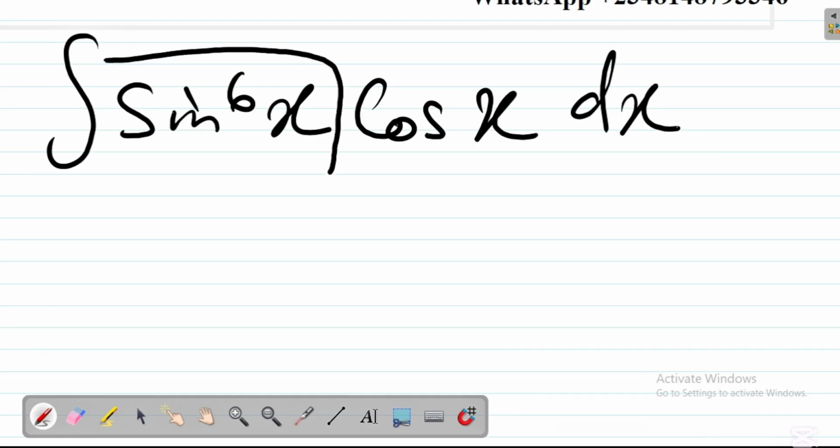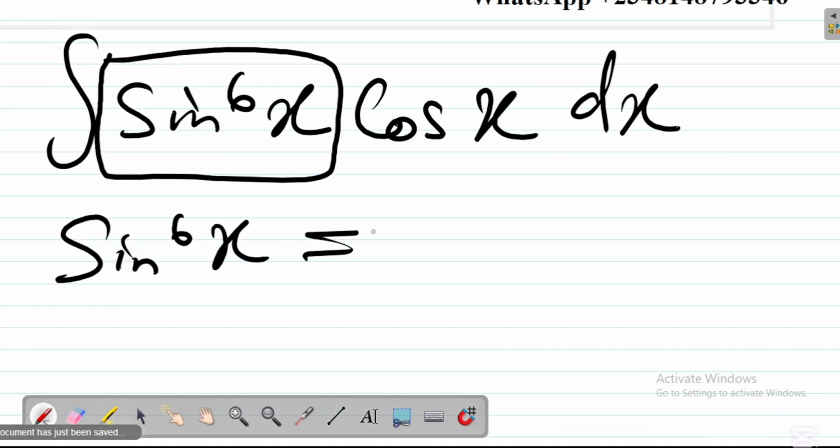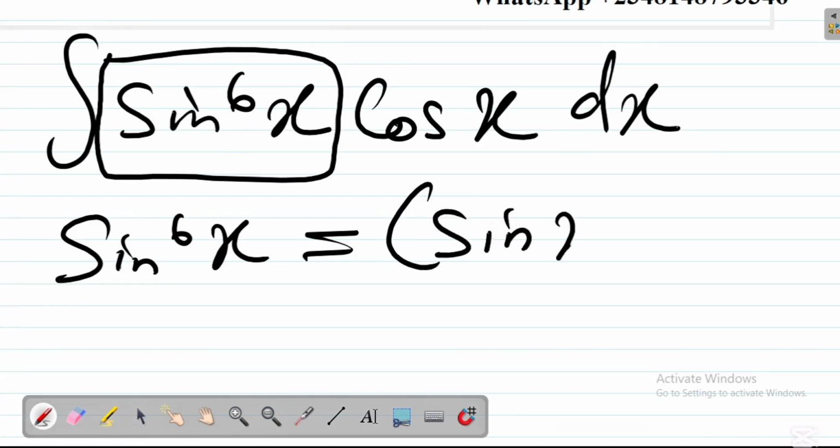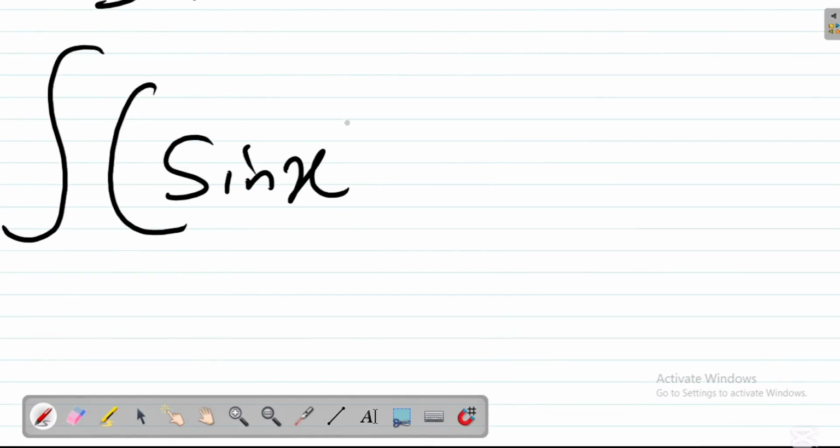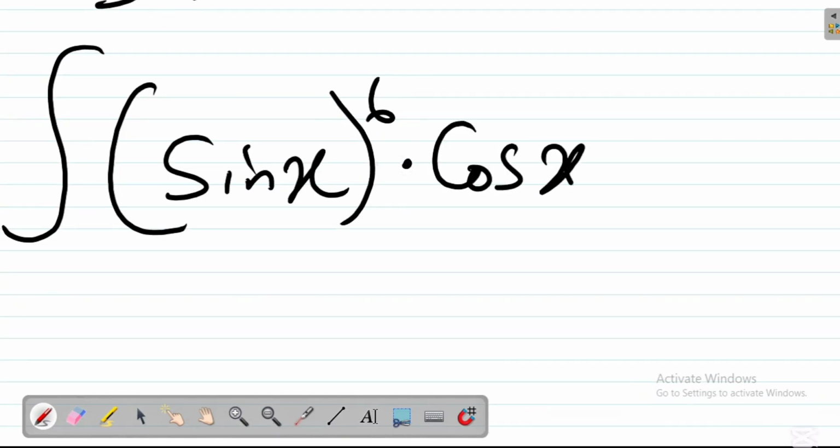Sin^6 x can also be written as sine x raised to power 6. So let's rewrite the question. So we have sine x raised to power 6 multiplied by cos x dx. Now let's call this equation 1.